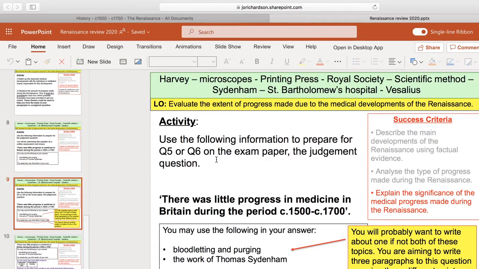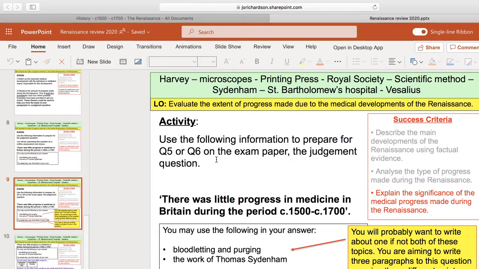In the exam paper, they give you 2 questions. You pick one, the one that you feel most confident in answering, and you need to make sure you understand that analysis is important in this exam. So it's great if you have knowledge. There are still a lot of marks that do go to knowledge, but your analysis, you're explaining why that is progress.